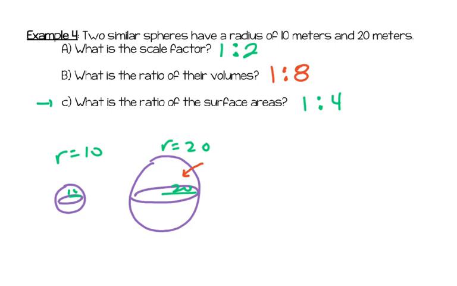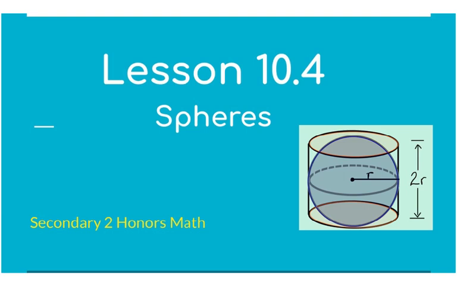So remember that surface area is going to be a squared to b squared if your scale factor is a to b, and your volume will be a to the third to b to the third. 2 dimensions, 3 dimensions. Okay, we're going to continue the rest of this in the next video.